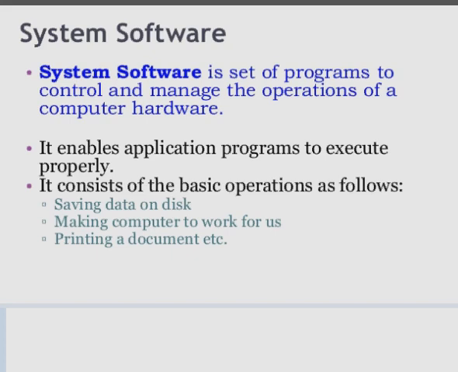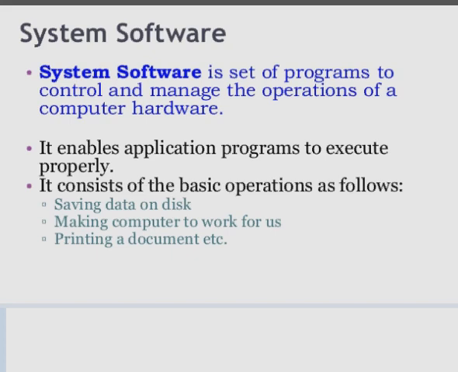Then only we can go for other application software, for example MS Word or MS Office, etc. But if you do not have Windows in your system, then you cannot use any kind of application software in your computer. So you should have at least one system software, that is known as an operating system, that may be of any company manufacturer.